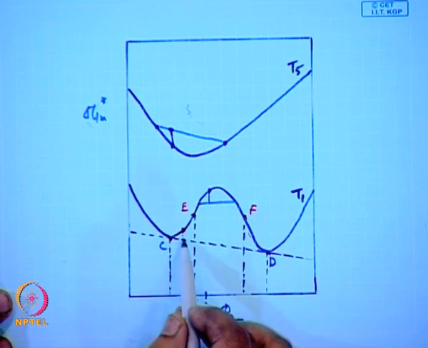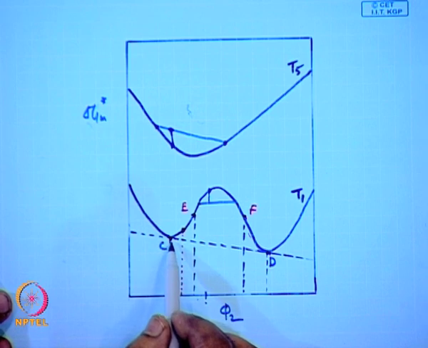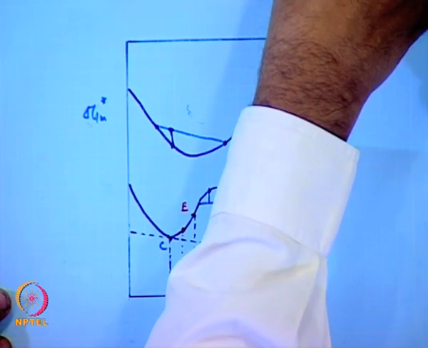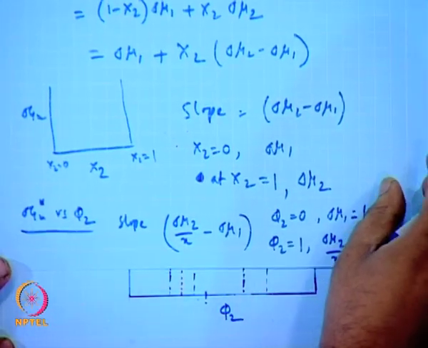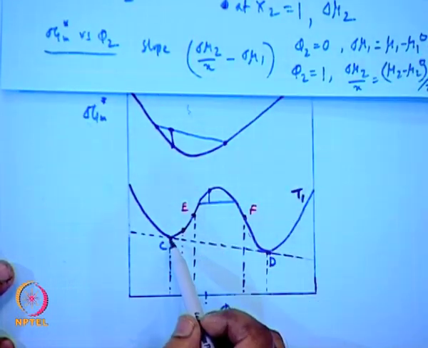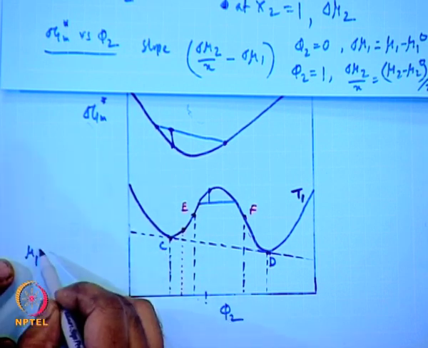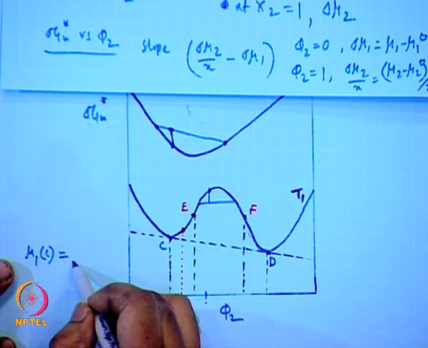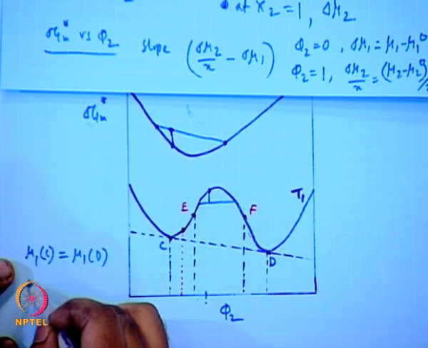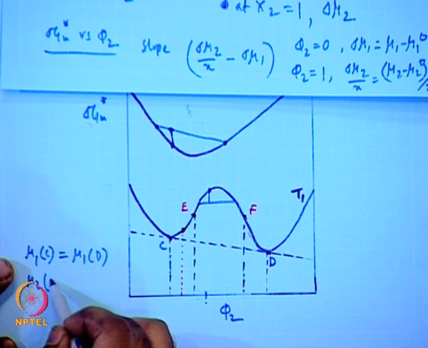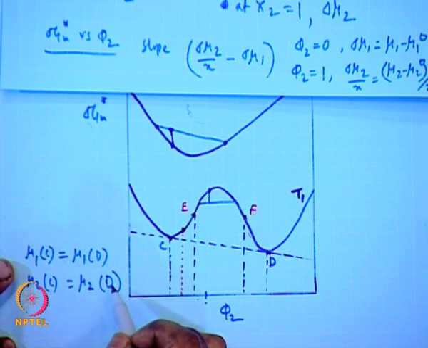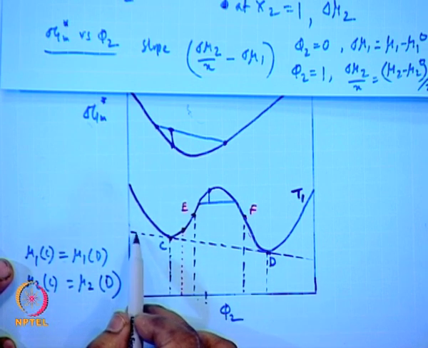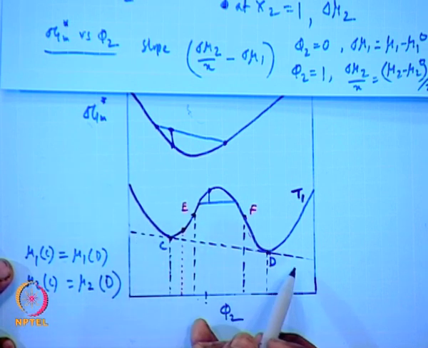And as the slope is given by this, it will also mean that mu 1 for the solvent at point C will be equal to mu 1 at D, and mu 2 at point C would be equal to mu 2 at D. These 2 points will have the same slope and have a common tangent.